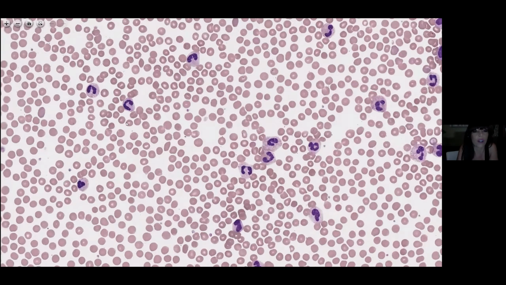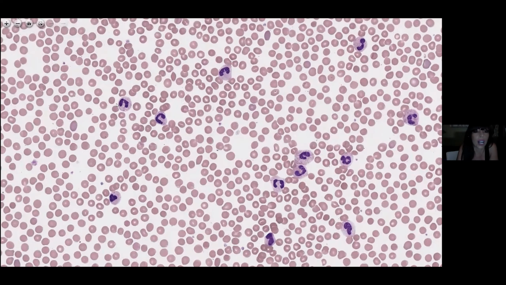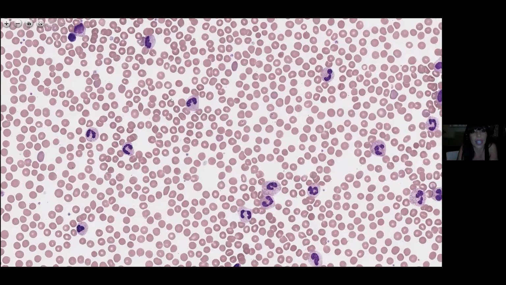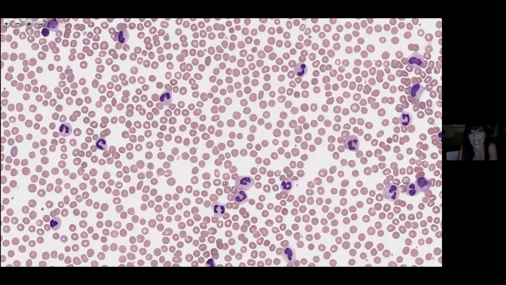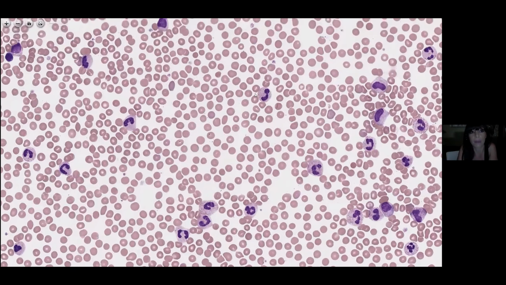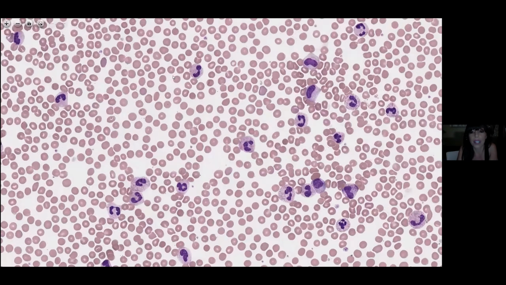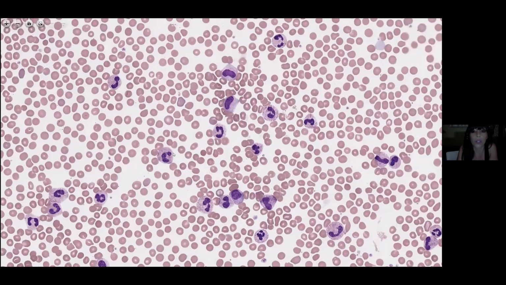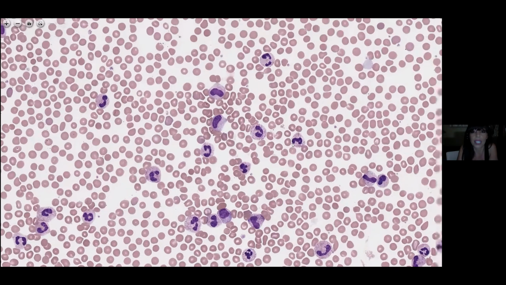We even got calls about that in the lab, just because it's very hard to differentiate those, and it's tech to tech, and even the same tech could call a cell a band once and then a seg the next time. So I was wondering what other people were doing in their practices.